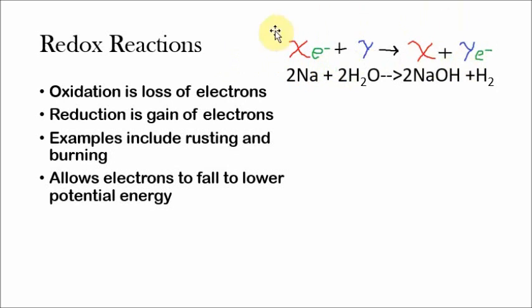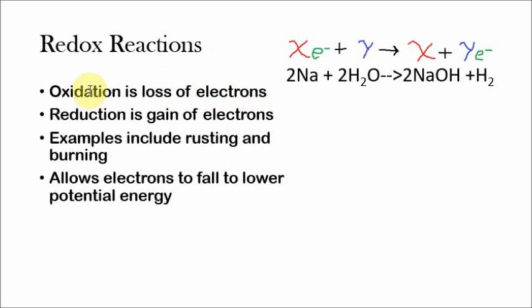So this colorful formula right here shows a generic redox reaction, in which this X compound has an electron and it transfers it to the Y compound, resulting in this. So redox actually stands for oxidation reduction, or reduction oxidation.